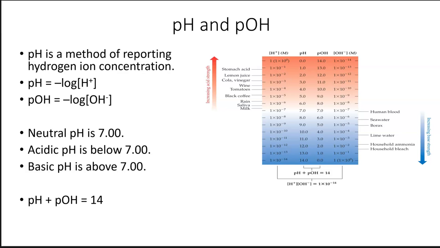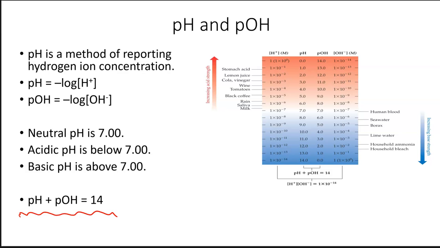Any solution that has a pH of 7 is defined as being neutral. Any pH below 7 at 25 degrees Celsius is defined as being acidic. And any solution above pH 7 is considered basic or alkaline. So we have this relationship here, pH plus pOH equals 14. And this is true at, again, 25 degrees Celsius.